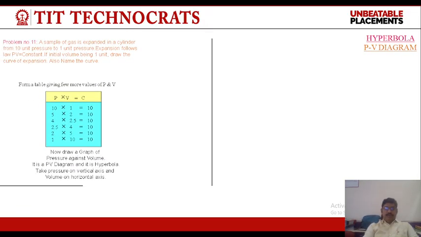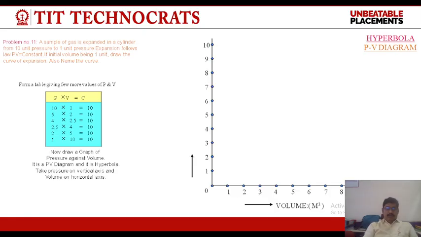And in the PV diagram, a sample of gas is expanded in a cylinder from a pressure of 10 to 1 unit pressure. Expansion follows the law PV equal to constant, pressure and volume. If the initial volume is 1 unit, draw the curve of expansion and also name the curve.